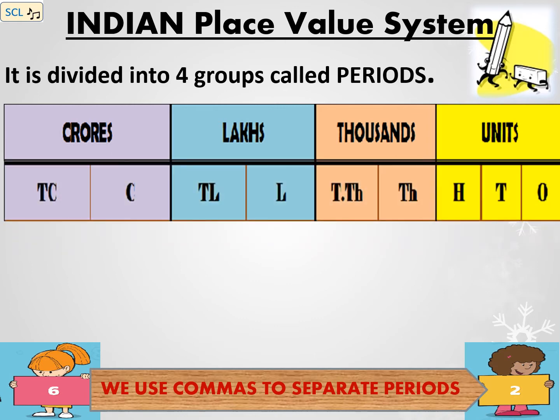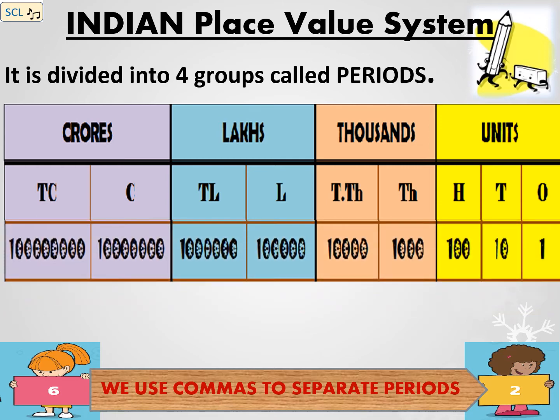They are ones, tens, hundreds, thousands, 10,000, lakhs, 10 lakhs, crores and 10 crores. 1 is written without a zero, a single digit 1. Tens we write as 10, 1, 0. Hundreds we write as 1 with 2 zeros.